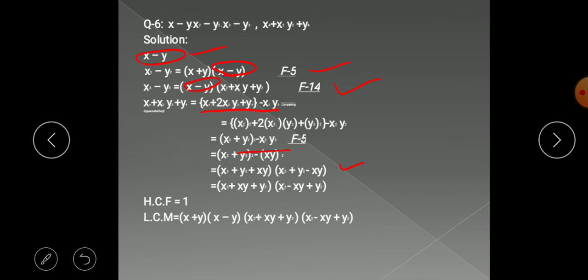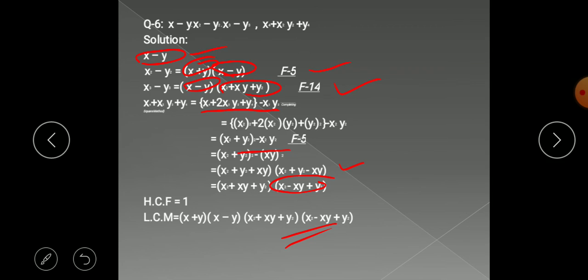I have written down here x minus y, then I have written here x plus y, x minus y, and then this term, and then this term. These are the common ones here. So the least common multiple is equal to this given expression.